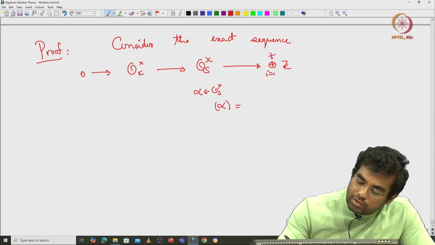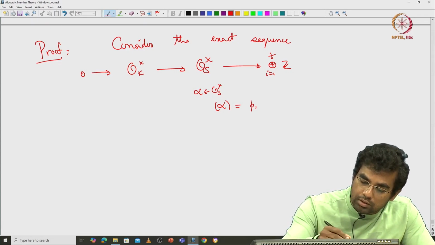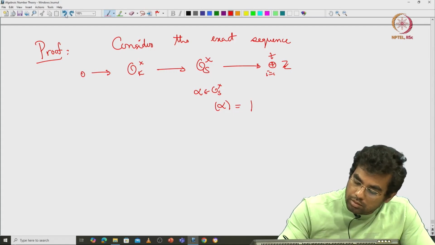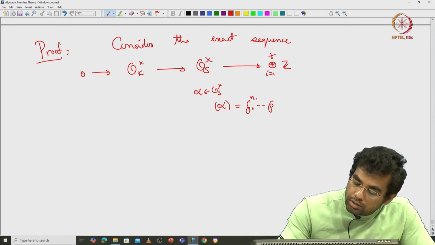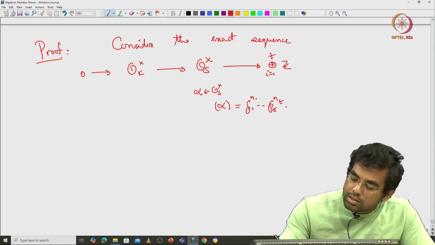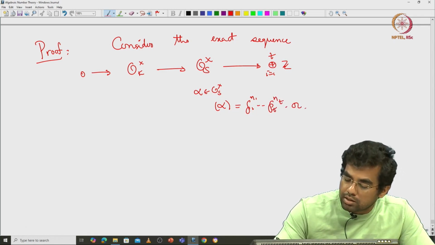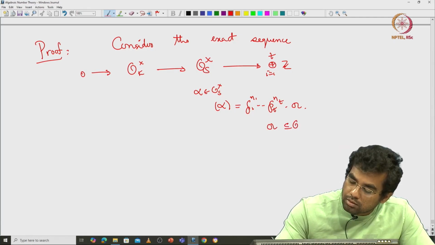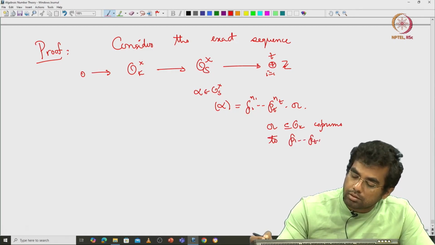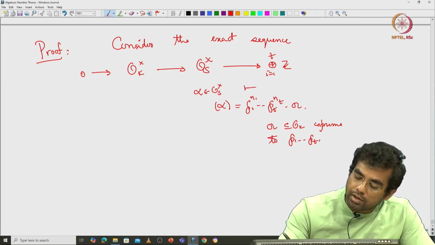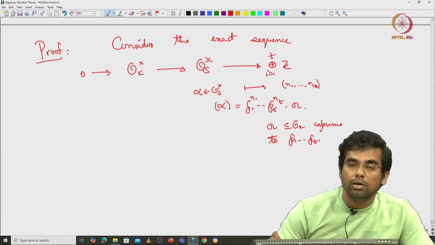So I write it as P1^n1 up to Pt^nt times some ideal A, where A is an integral ideal coprime to P1 up to Pt. And then α goes to (n1, ..., nt).